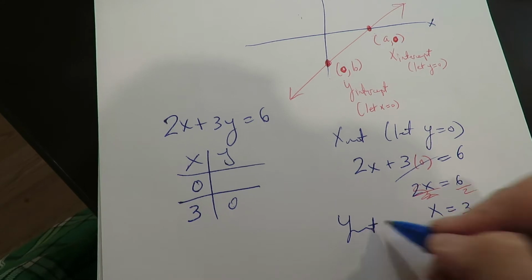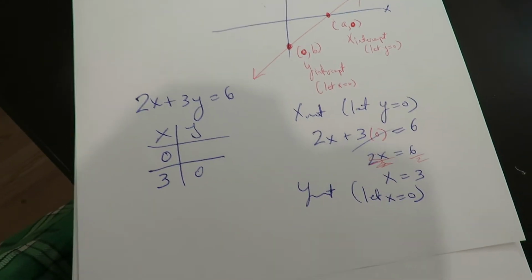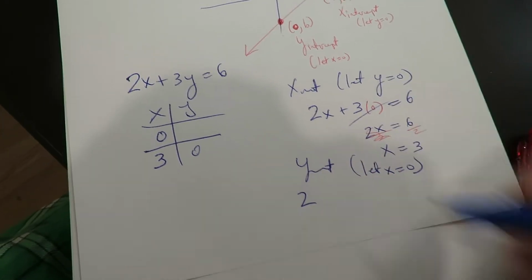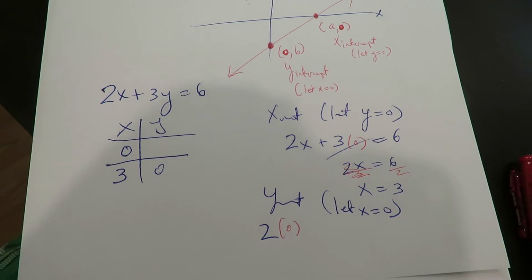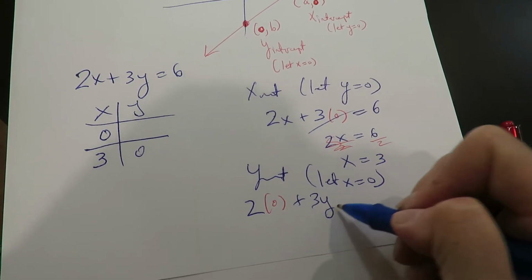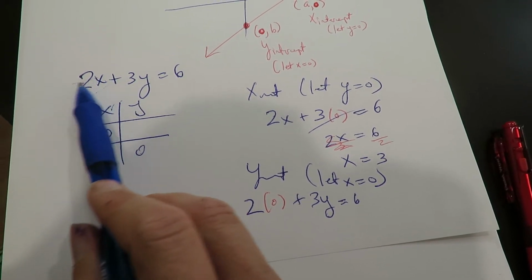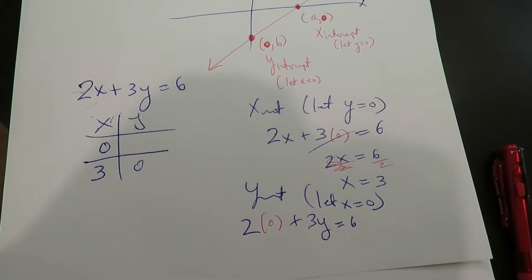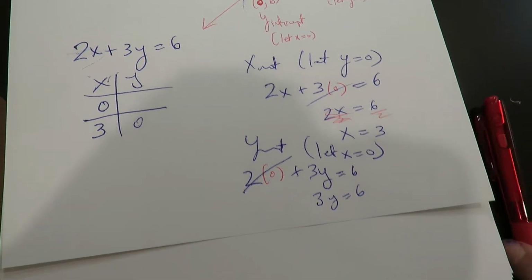All right, now if we do the y-intercept, now we let the x be 0. We go the opposite way. So I take this equation, I let the x be 0 now. 2 times 0 is 0, so 3y equals 6.